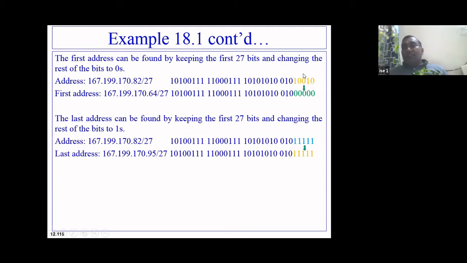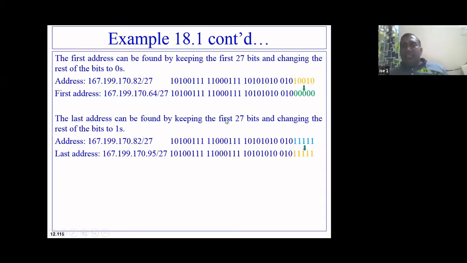So total length is 32. 32 minus 27 gives you 5. So if I want to know the first address, the network address, I'll make the last 5 bits, 32 minus 27, all zeros. So these many network addresses I will have. First address is the network address.